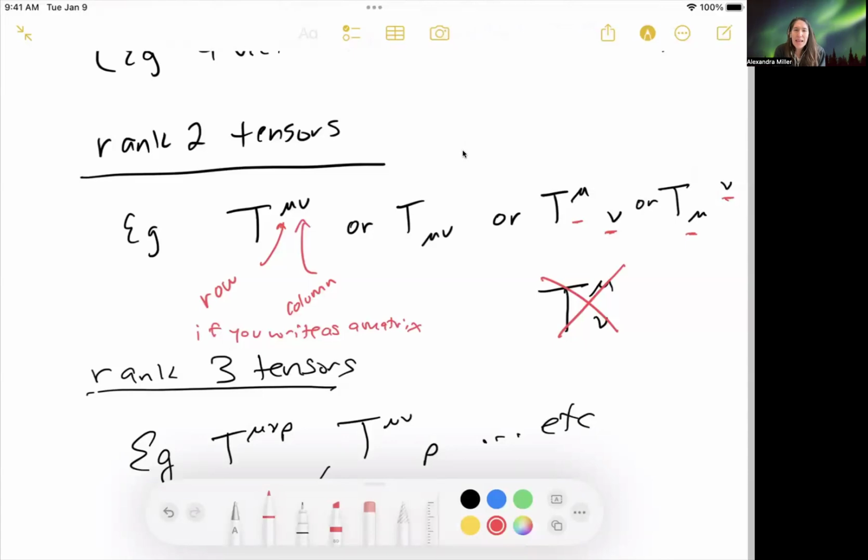Early on, it might be helpful to write things as matrices because matrices are things that you're familiar with and they feel tangible to you. Ultimately, we're going to want to move away from that a little bit. So rank 3 tensors, you obviously can't easily write out as a matrix.